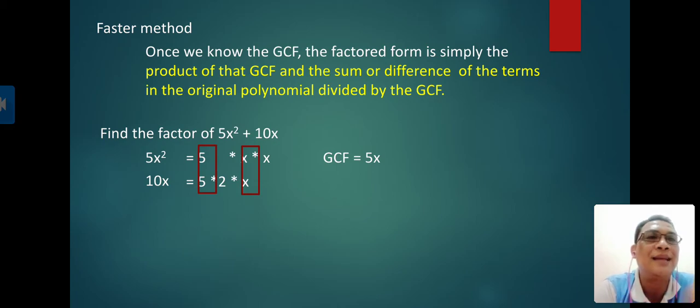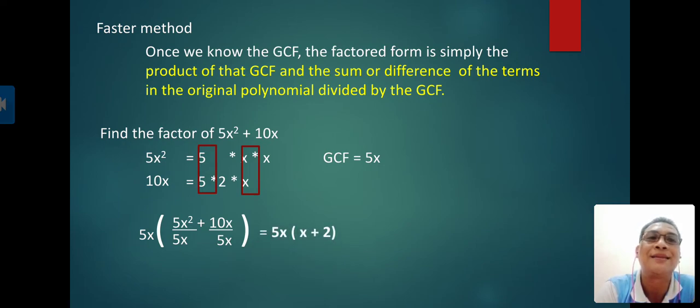In this case, we have 5x squared plus 10x, so we have the sum of the terms in the original polynomial. Okay? So we have here 5x, the product, that will be multiplication of the sum of the original polynomial divided by the GCF. So we can have it as 5x multiplied by x plus 2, or 5x is the quantity of x plus 2.